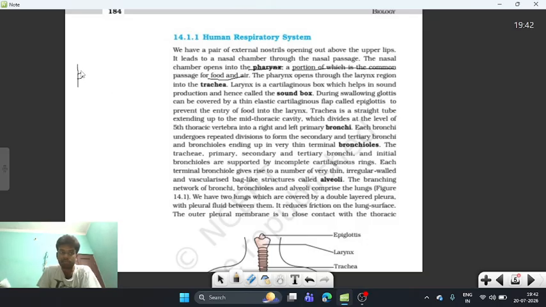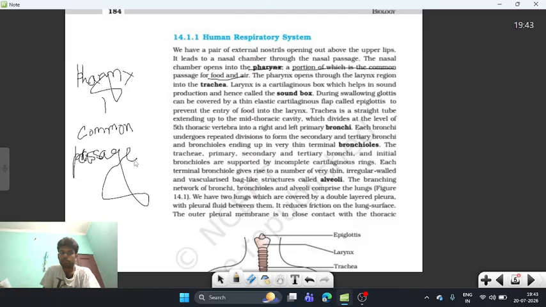Pharynx is a common passage for food and air.